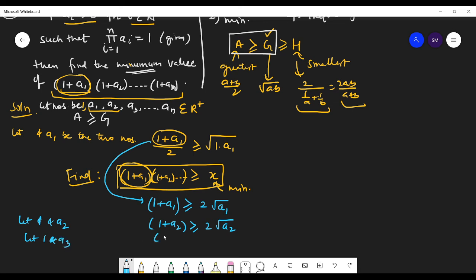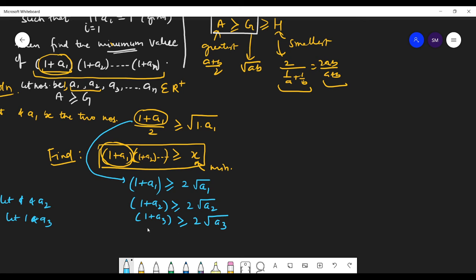So 1 plus A3 is greater than or equal to 2 under the root A3. Agreed, students? And similarly you will reach 1 plus An, so 1 plus An is greater than or equal to 2 under the root An.